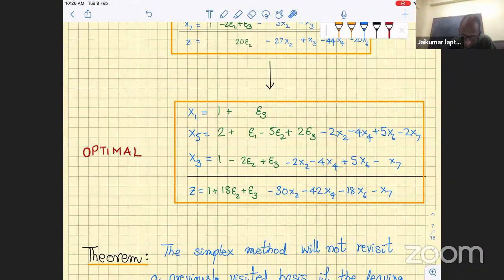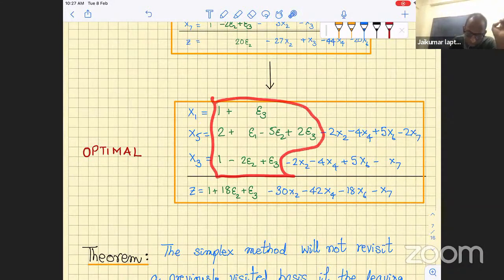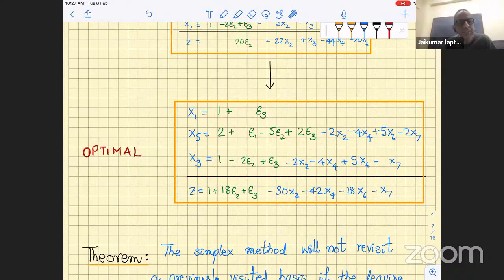And since this quantity is continuously increasing, we will not revisit the same basis again, hence simplex terminates. Is that clear? This is going to be the line of argument. The only thing we need to show is that at every stage, every equation in our intermediate tableau will have non-zero scalars in this extended definition of scalar.